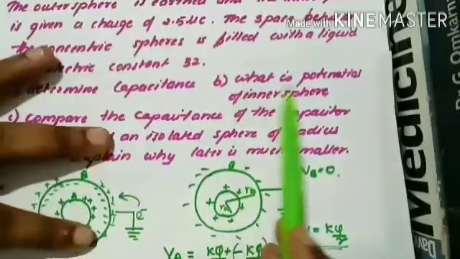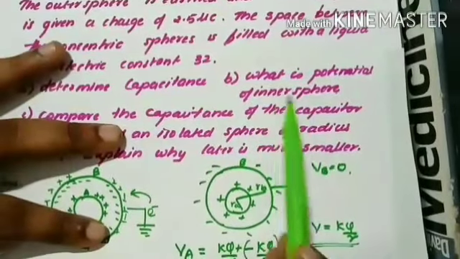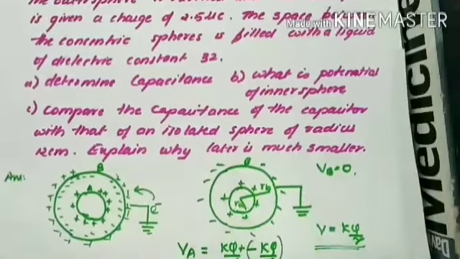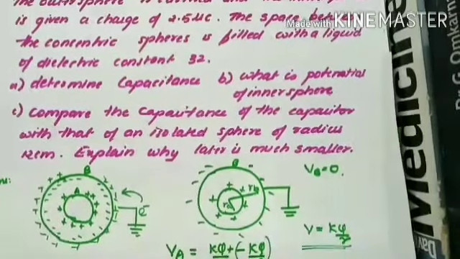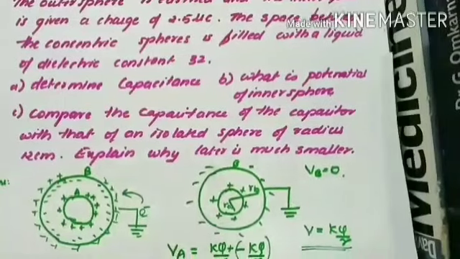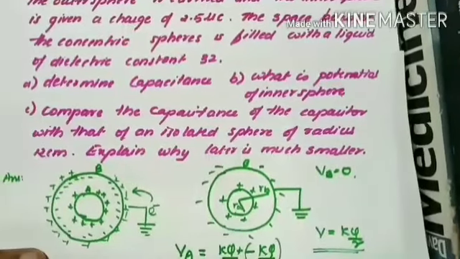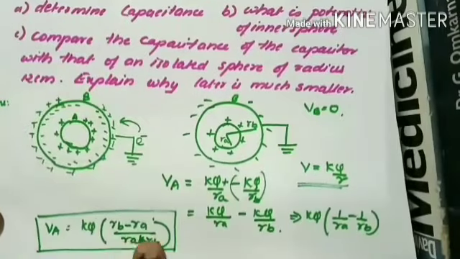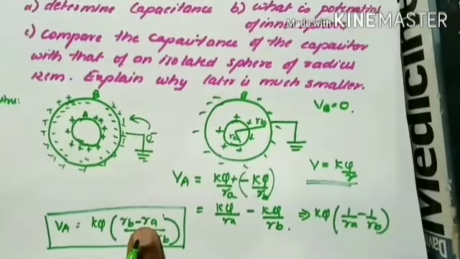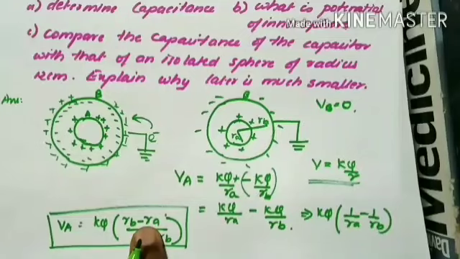What is the potential of the inner sphere? You got the answer, VA is equal to KQ into RB minus RA by RA RB. This is the expression for the potential of the inner sphere. That much has been asked.